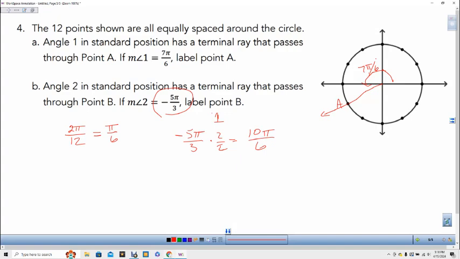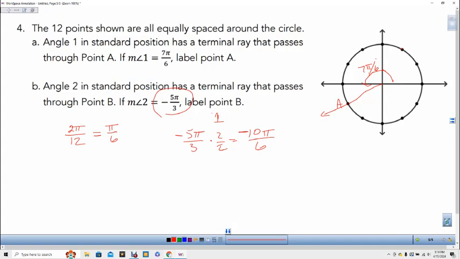So now if we're doing negative, we're going to go backwards. We're going to go clockwise. So 1 pi over 6, 2 pi over 6, 3 pi over 6, 4 pi over 6, 5 pi over 6, 6 pi over 6, 7 pi over 6, 8 pi over 6, 9 pi over 6, and 10 pi over 6.